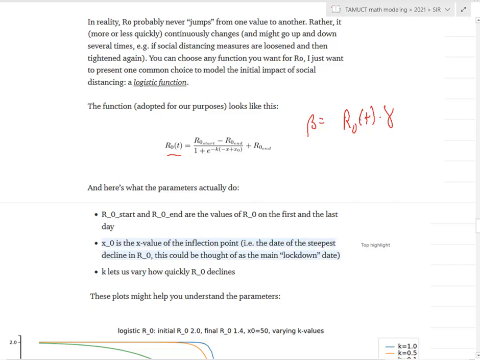All right, so let's see. All right, so of course you can vary this. Remember that R reflects the number of cases that are produced by a single case. And that's certainly going to be affected by the rate of contact.